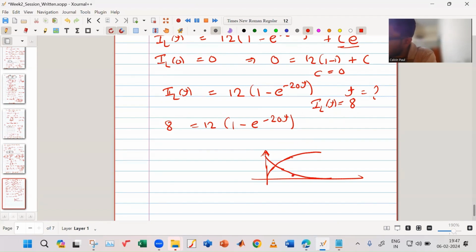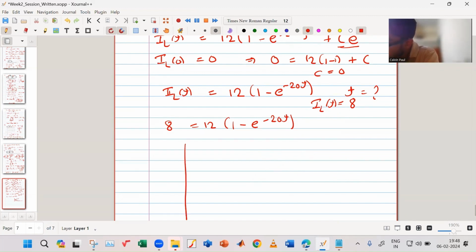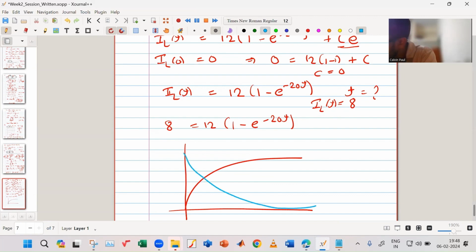Wait, let me draw in 2 colors, then it will be better. This is my inductor current. This is my voltage across the inductor.